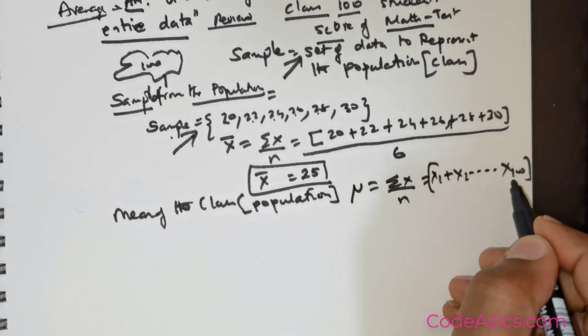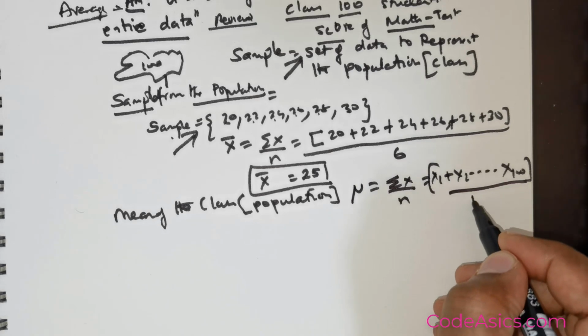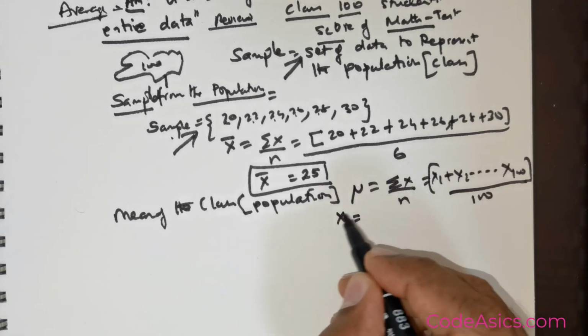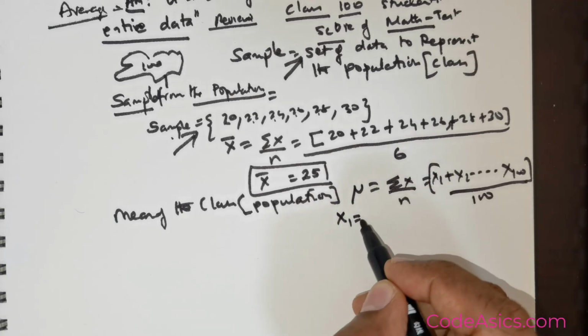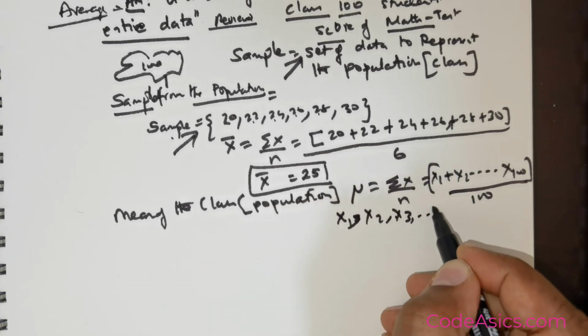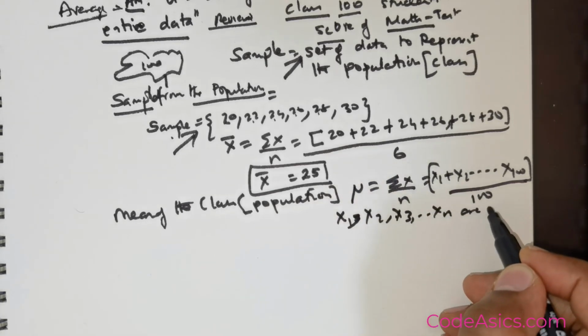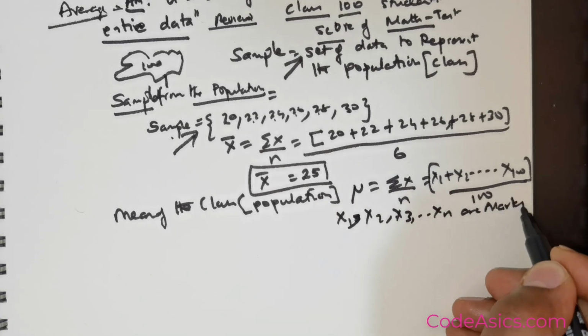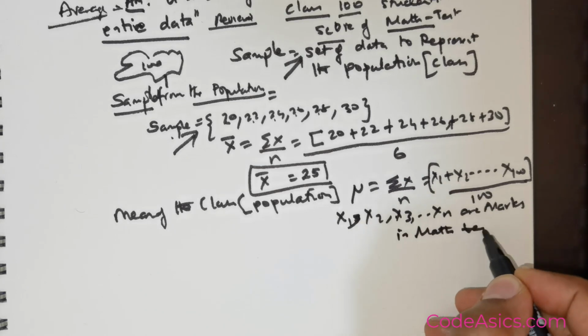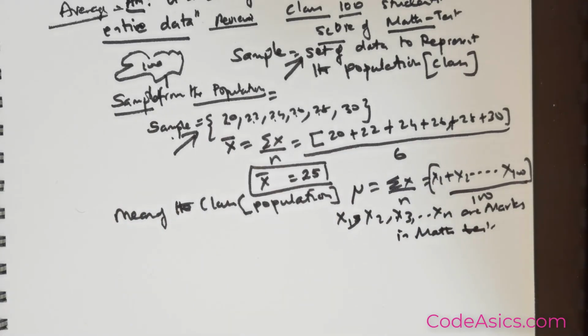So when I say x1, x2, x3, I mean x1 being the mark of the first student, right? So in this case, I'm going to say x1, comma x2, comma x3, etc., xn are marks in math test, right? So that is the basic understanding that you need to know.